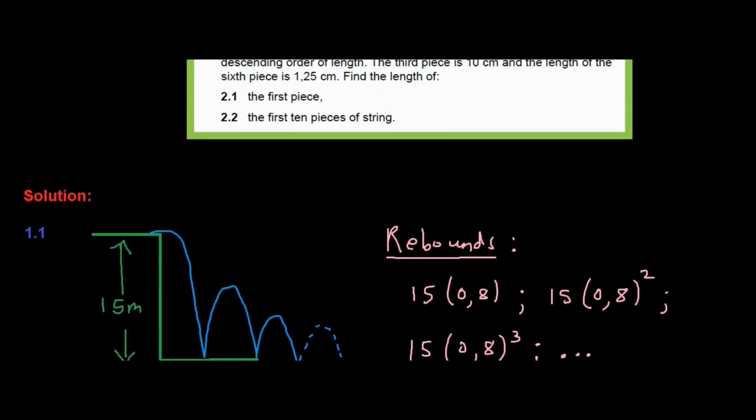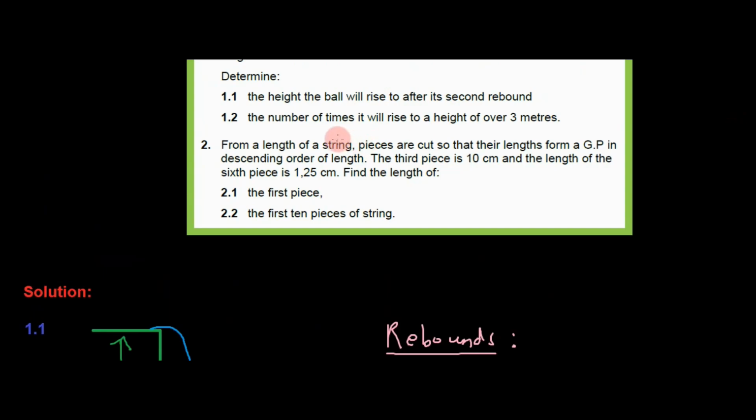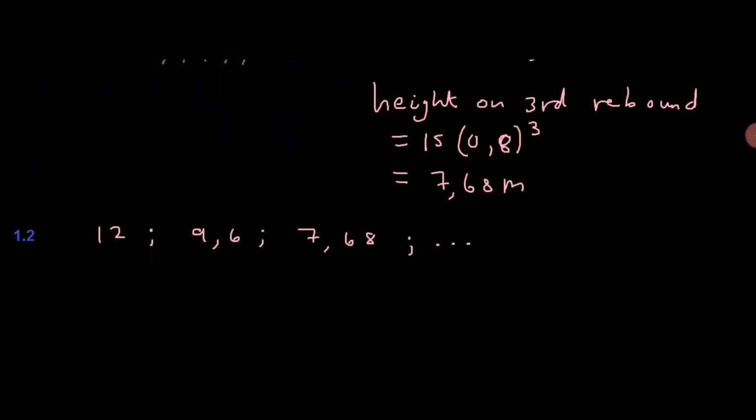Now the question says, determine the number of times it will rise to a height of more than 3 meters. So we know that this is a GP where A is equal to 12, the first term. The common ratio R is 0.8.